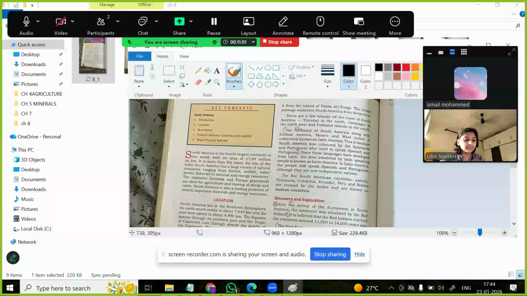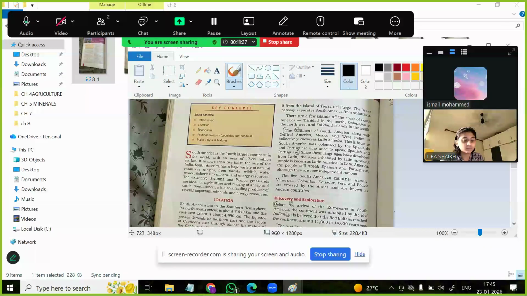And this is important. The continent of South America, along with Central America, Mexico, and West Indies, is called Latin America. What is Latin America? The continent of South America, along with Central America, Mexico, and West Indies. Why is it called Latin America? Because it was colonized by Spaniards and Portuguese.